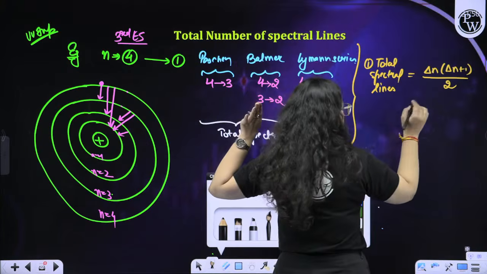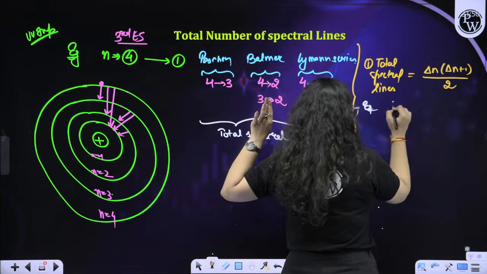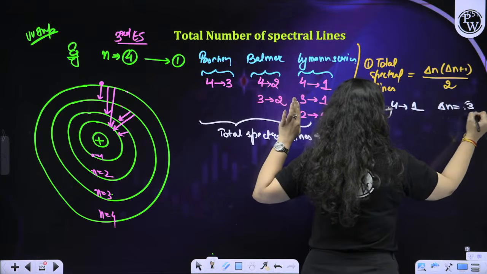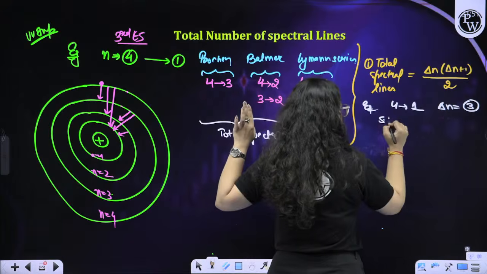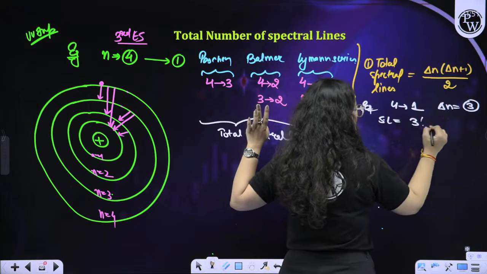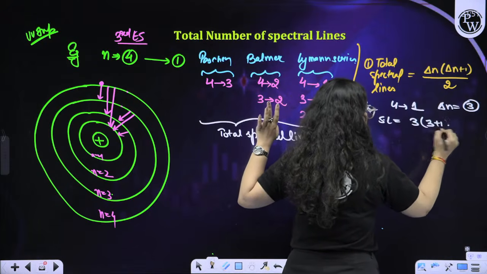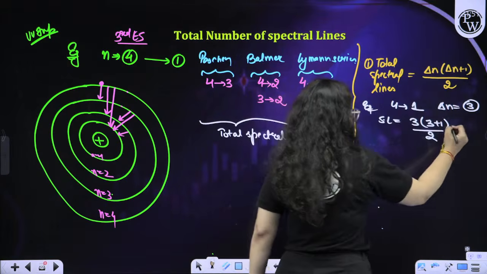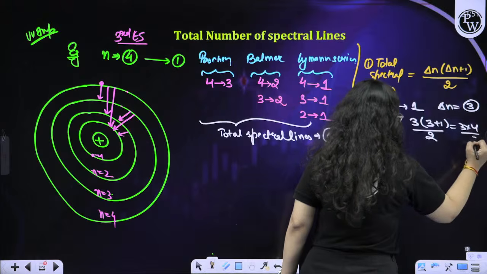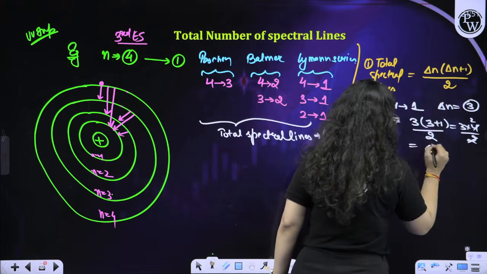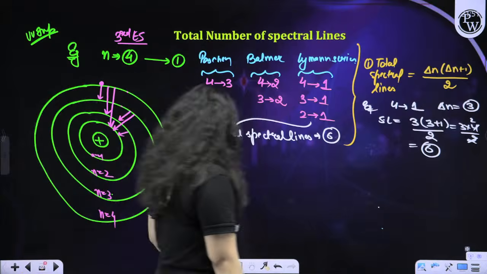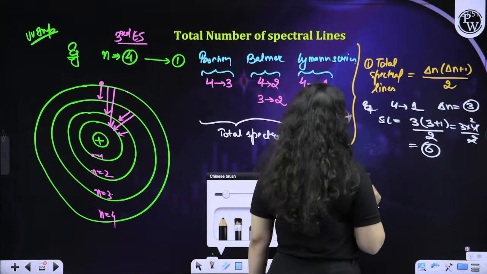For example, taking 4 to 1, delta n comes out to be 4 minus 1, which is 3. So spectral lines are 3 into 3 plus 1, that is 4, by 2, so you get 6 only. That is what I told you: total spectral lines come to be 6 only. This is the first method of calculating the total spectral lines.